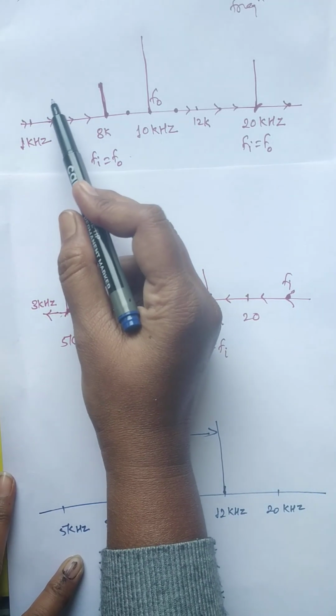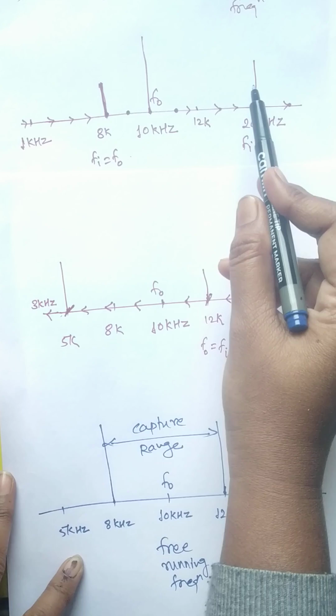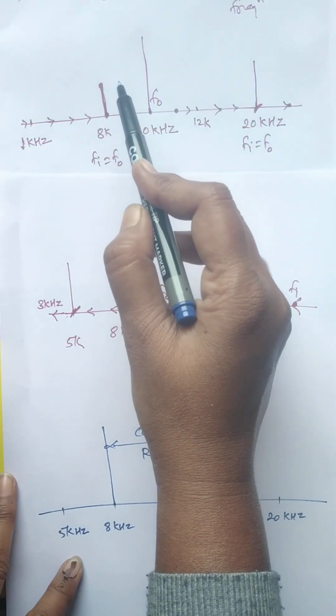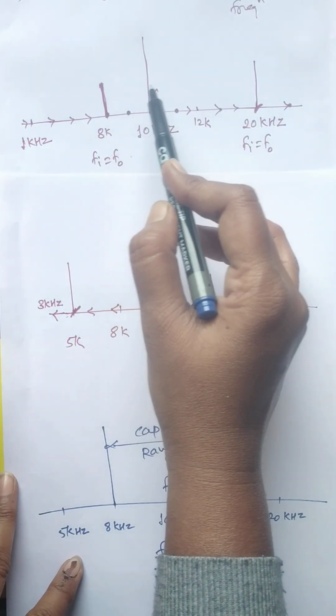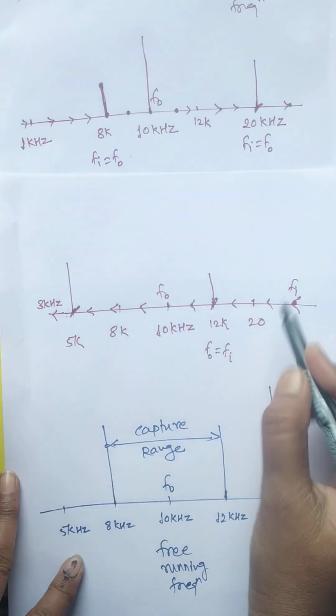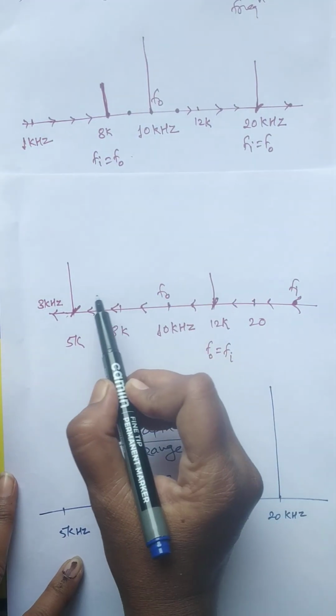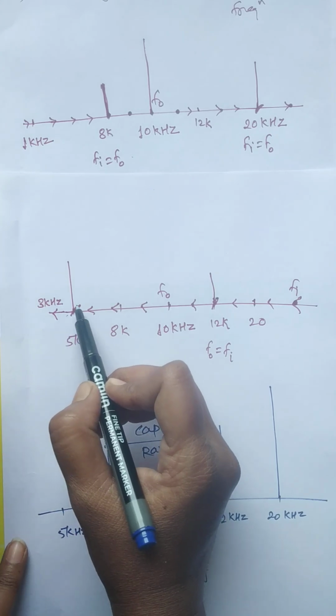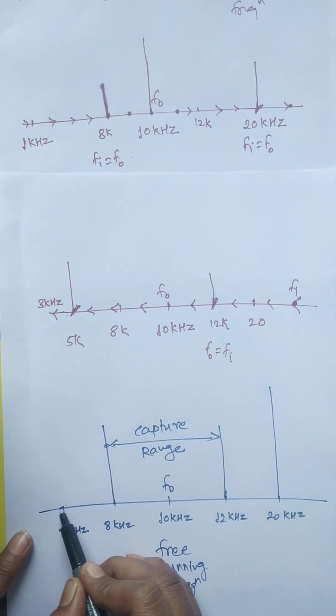While increasing frequency, the PLL is tracking the input signal up to 20 kilohertz. While decreasing frequency, the PLL is tracking the input signal down to 5 kilohertz.